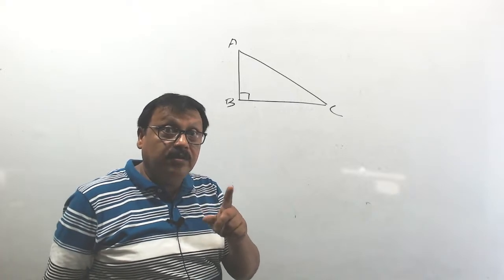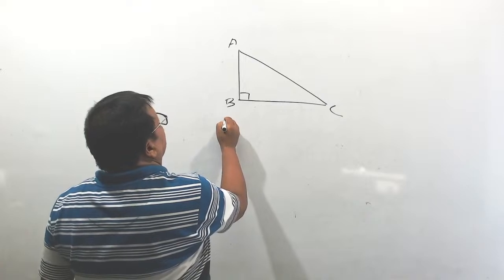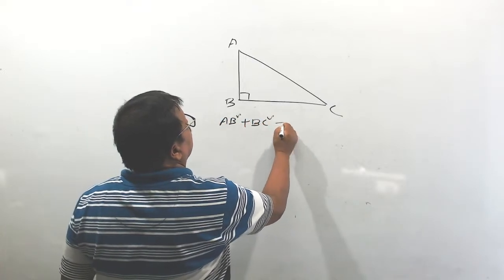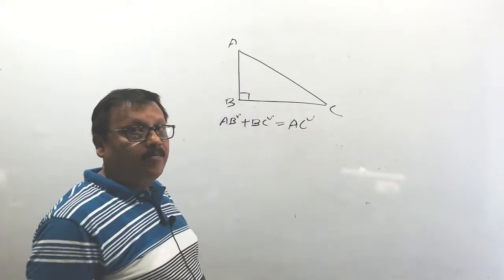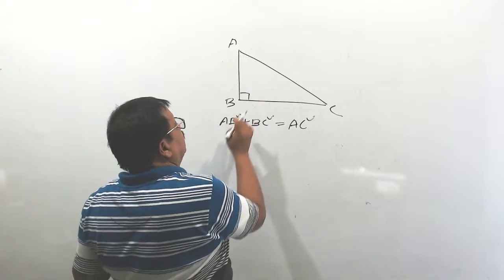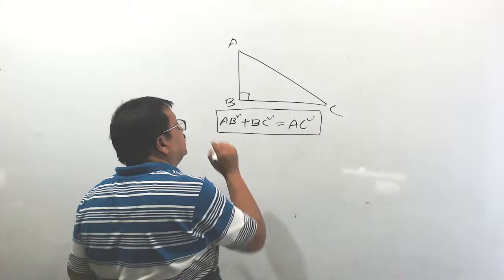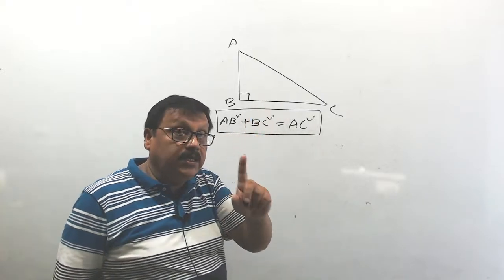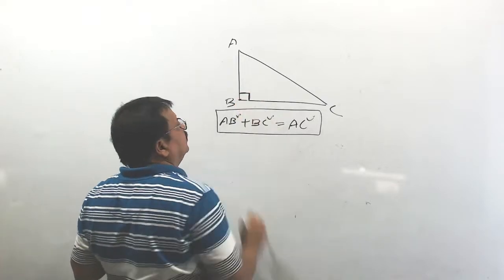Already we learned the Pythagoras theorem, isn't it? What is the Pythagoras theorem? AB square plus BC square equals AC square. AC is the hypotenuse, right? When this theorem, this formula, is applicable in a triangle, then the triangle will be a right angle triangle. Right angle at B. Okay.